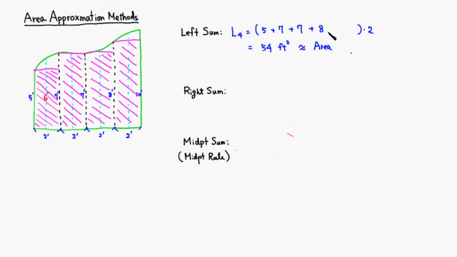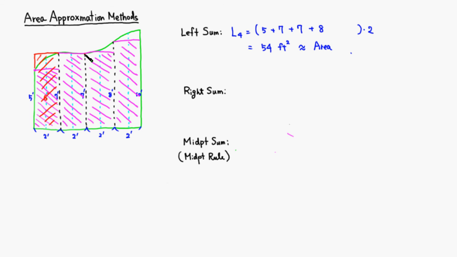And you notice that there's no reason you have to use the left endpoint. You can of course use the right endpoint, and that one is called the right sum. The process is the same, except that we pick the right endpoint to determine the height. It's going to look kind of messy, but I'll just shade it like this.